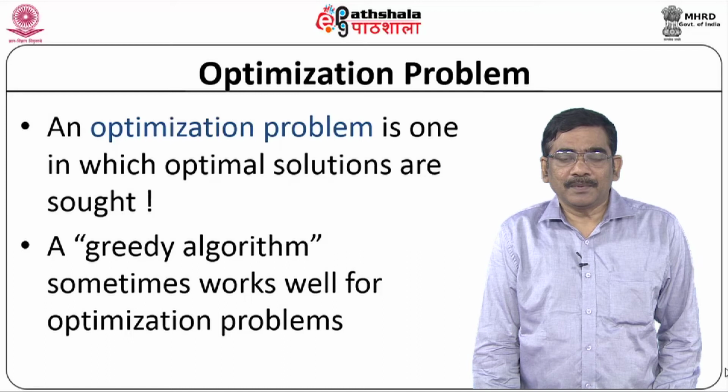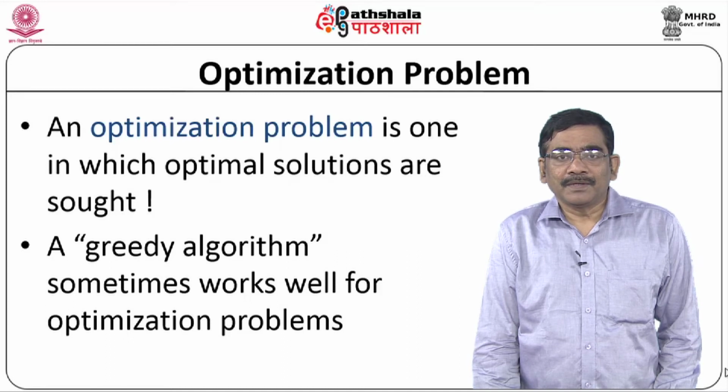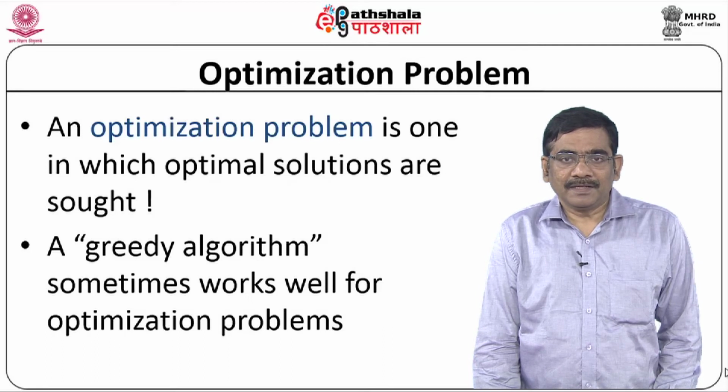Sometimes the greedy approach may not be able to solve the problem, and it may give suboptimal results. In spite of that, greedy approach is very popular because it is considered to be faster, and many times it gives optimal or suboptimal, in other words near optimal, solutions.